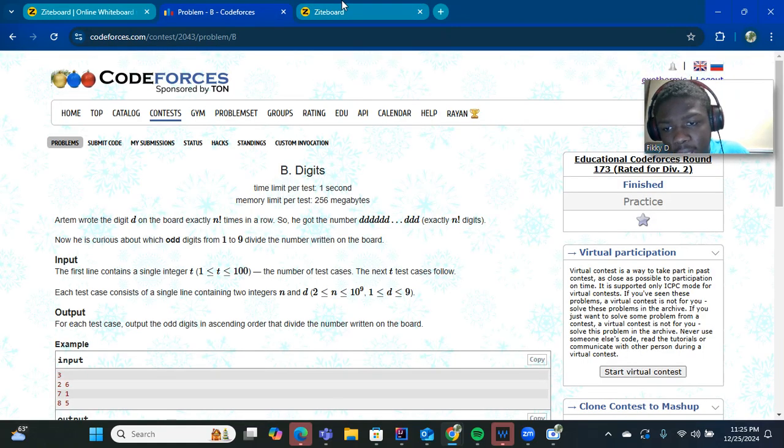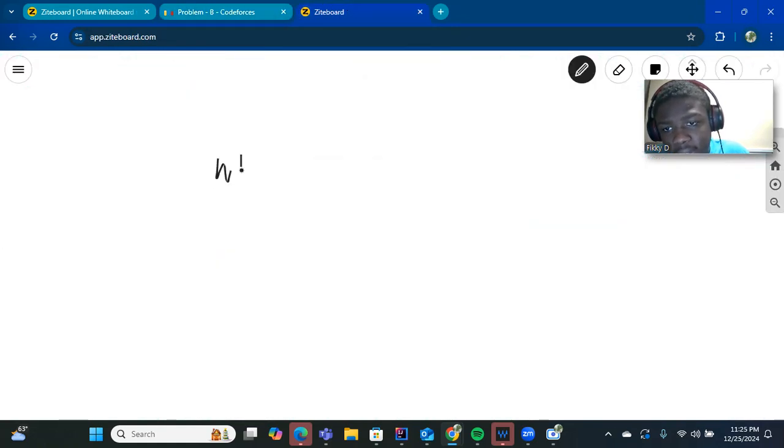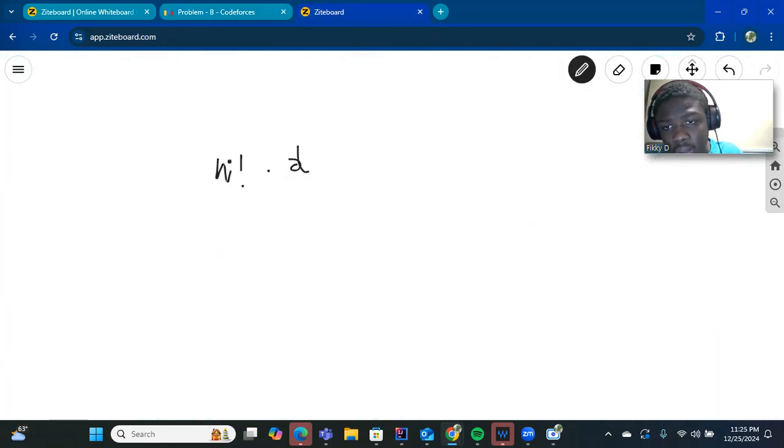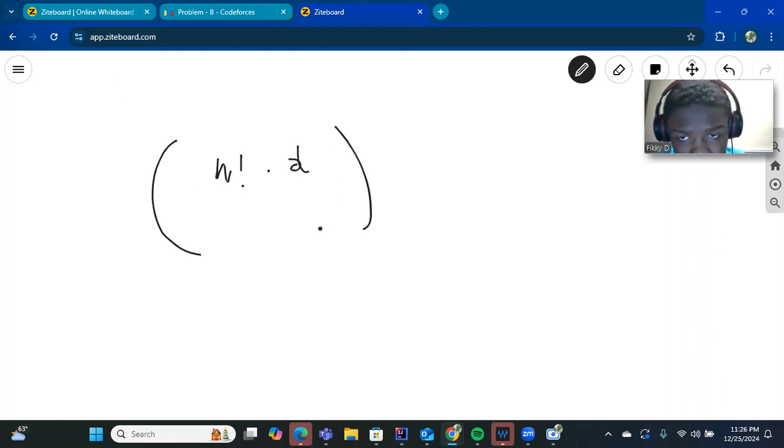So for example, if you had n factorial times d, that's basically the number of digits times d as your sum of the digits. If you want to know if 9 divides this, then you need to know if there are exactly two 3s in the prime factorization of n factorial times d.